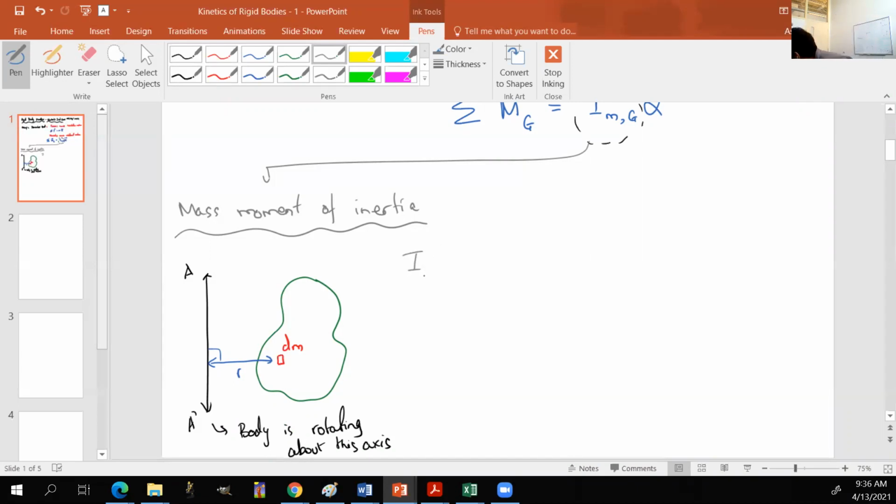So here you have I about the axis A prime, and that is defined as the integral over the whole mass of the body of r squared times dm. So you're integrating the square of the distance times the infinitesimally small mass over the whole mass of the body. All right, important things to remember.